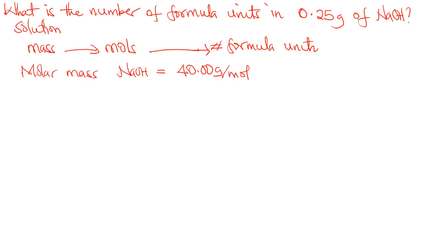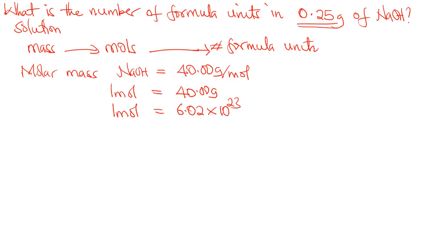So that is a conversion. 1 mole is 40.00 grams. But also, because we are getting the number of particles, we also know that 1 mole is 6.02 times 10 to the power 23. So that's our two conversion factors. So we are given the mass here. That's what we put at the beginning.